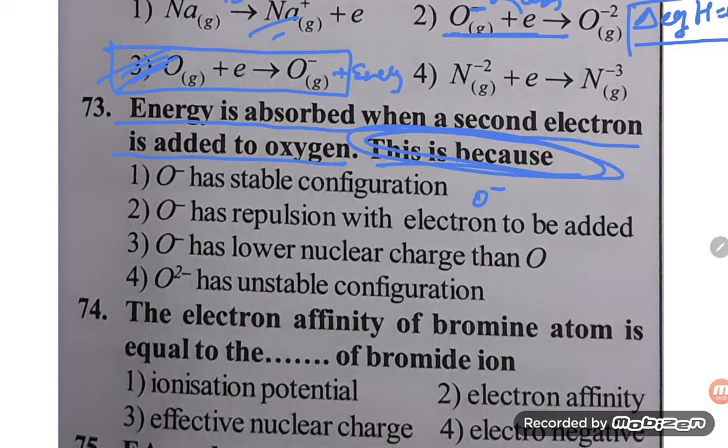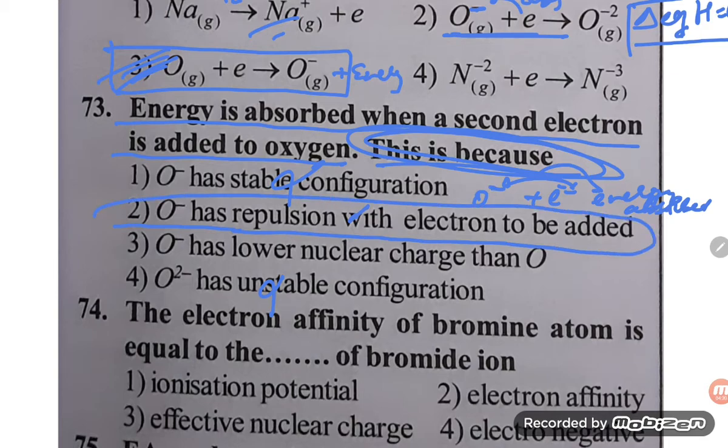When oxygen already has one negative charge and you add another electron, there is more repulsion, so to overcome it, energy needs to be supplied, which means energy is absorbed. The options: O has stable configuration, no; O has repulsion with the electron to be added; O has unstable configuration. So the correct option is option 2. O minus already has a negative charge, and adding one more electron gives more repulsion, so energy will be absorbed.